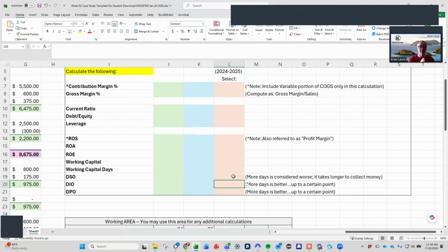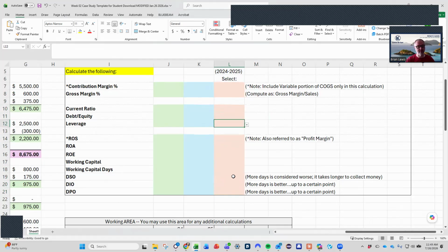Same with days purchasing. Arguably, DPO is just the opposite because it's a liability. The higher the number could be better than the lower number, but at the same time, because it's associated with your vendors, your suppliers, higher numbers aren't always the best because then you have troubles with your suppliers. So that one's a little tricky, but arguably higher is better than lower.